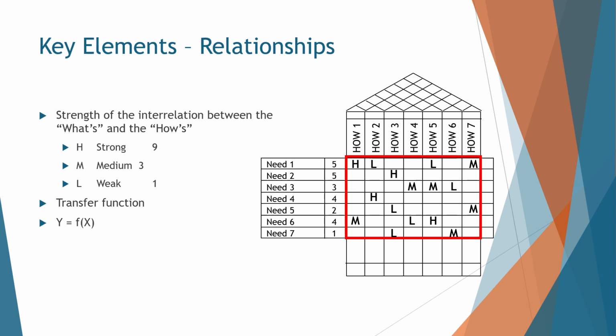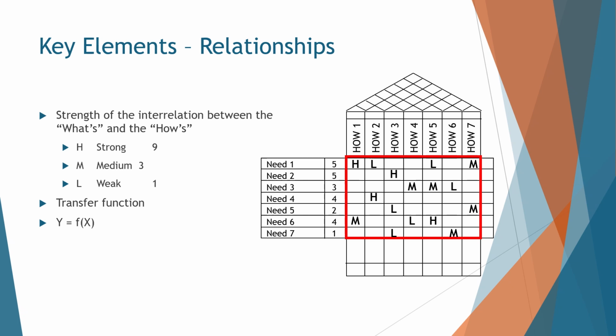So what are the critical few x's that have the greatest impact on the product that you're designing? That is the transfer function, and how it's expressed numerically can be seen in here as well.